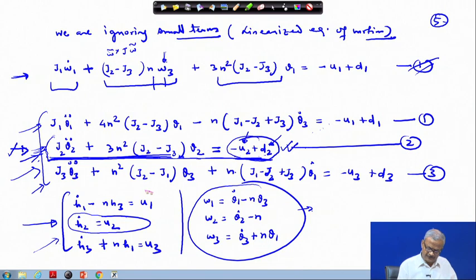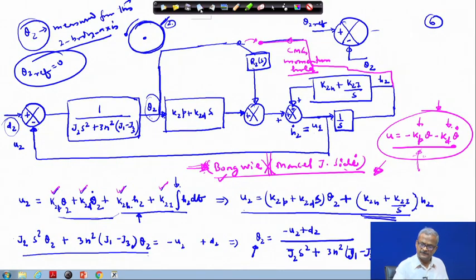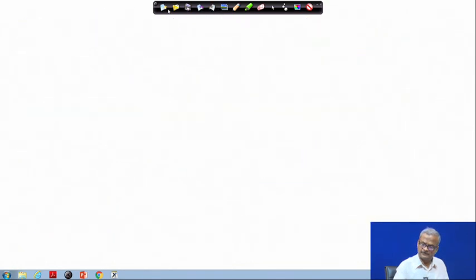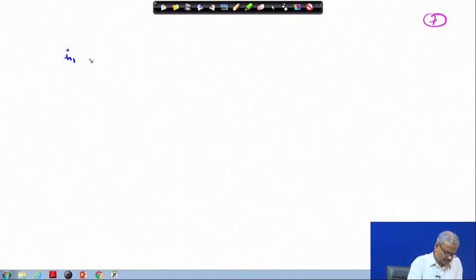So, this equation that we are taking up here, one part I will show you on the next page. Say H 1 dot, H 2 dot and H 3 dot.